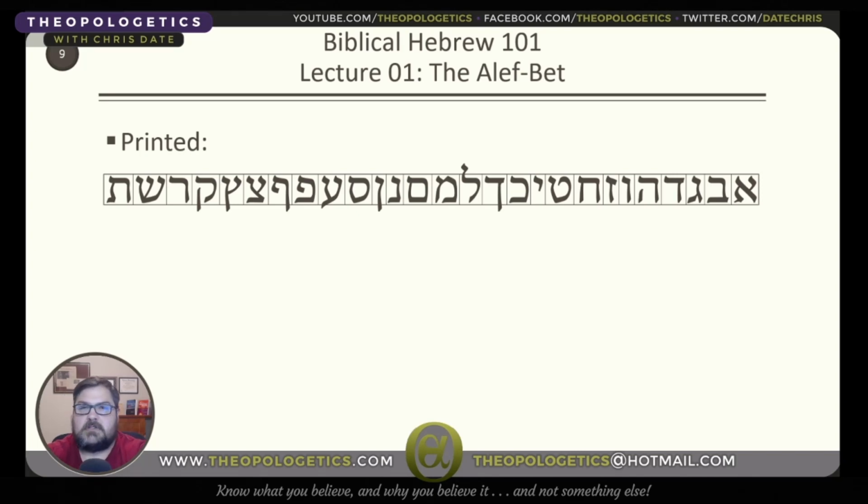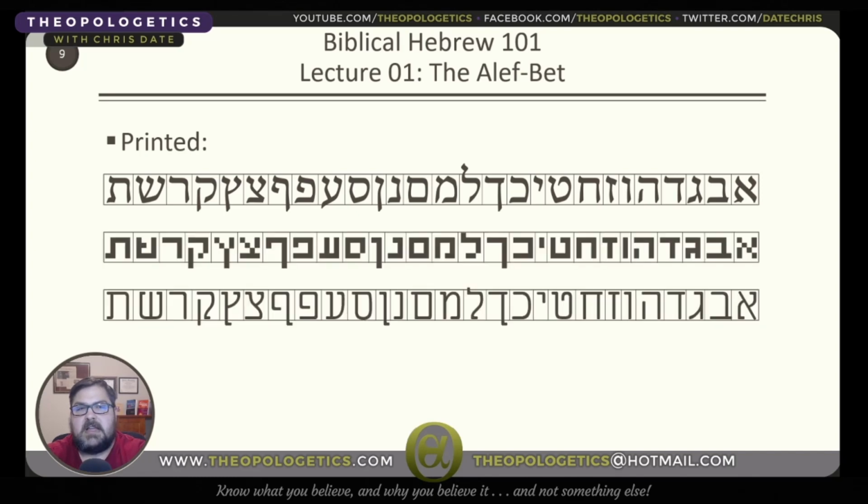The one that you will encounter most in your studies will look very much like this, but you will also possibly encounter other fonts, not necessarily these ones if you're looking at biblical studies, but if you are browsing the web or walking down the streets in Israel or something like that, you might encounter these letters in fonts other than the one you're most familiar with. So just be on the lookout for those. But again, familiarity with the top row on this slide suffices for biblical studies.